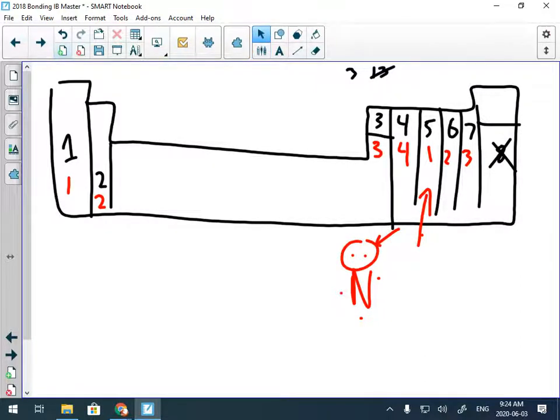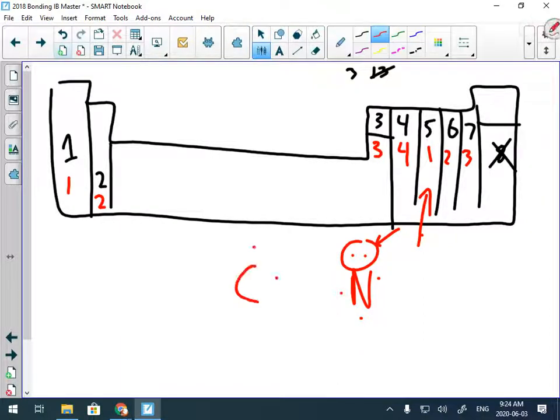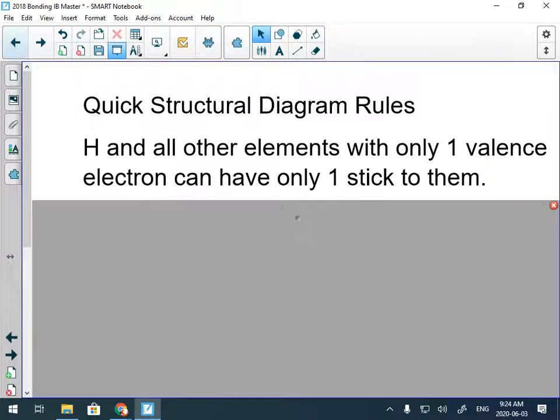So it loses the ability to bond. That's why carbon gets 4 sticks. Carbon has 4 valence. 1, 2, 3, 4. Nitrogen has 5 valence. Phosphorus has, sulfur has 6. 1, 2, 3, 4, 5, 6. So even though sulfur has 6 valence, it can't bond 6 times. It can only bond twice because it only has 2 bonding electrons. So that's the shortcut over here.